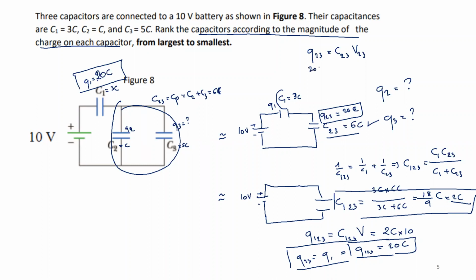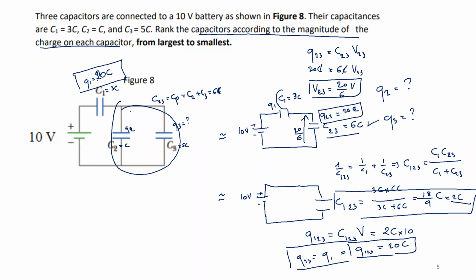So that means 20C is equal to 6C multiplied by V2 free. So V2 free is equal to, you simplify, 20 divided by 6 volt. So I know now what's the voltage across C2 free.